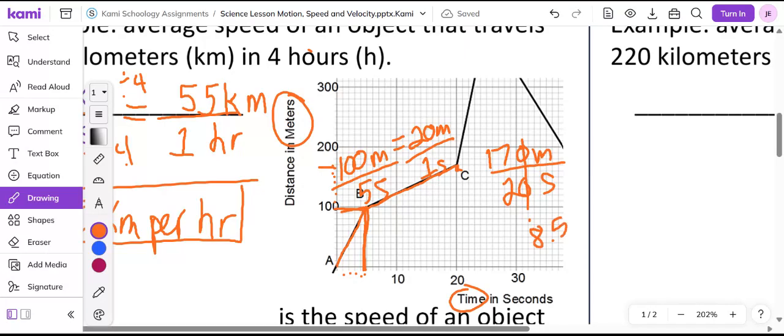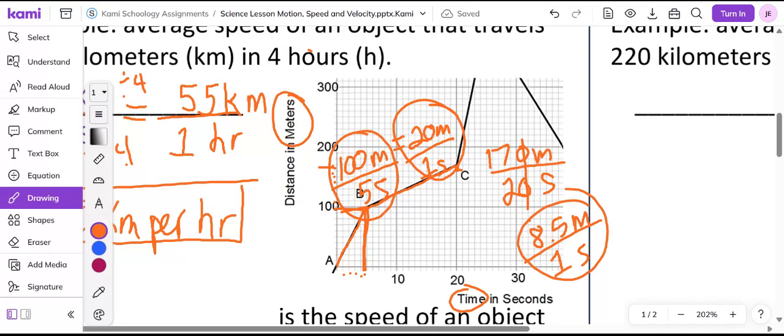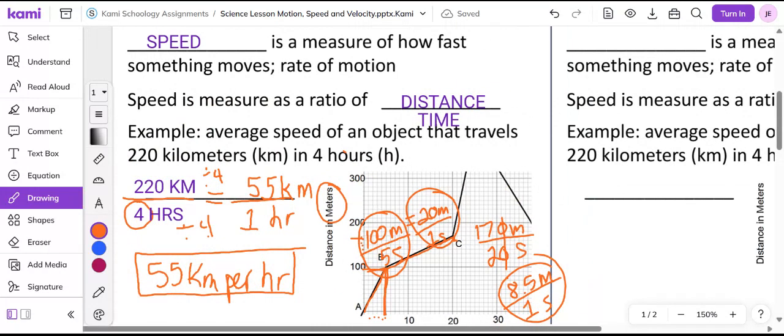So that's probably going to be 8.5 meters per 1 second. So we have a given speed in meters per second, and that will change as we move through the graph, and we can identify the given speed at each point by putting distance over time as a ratio.